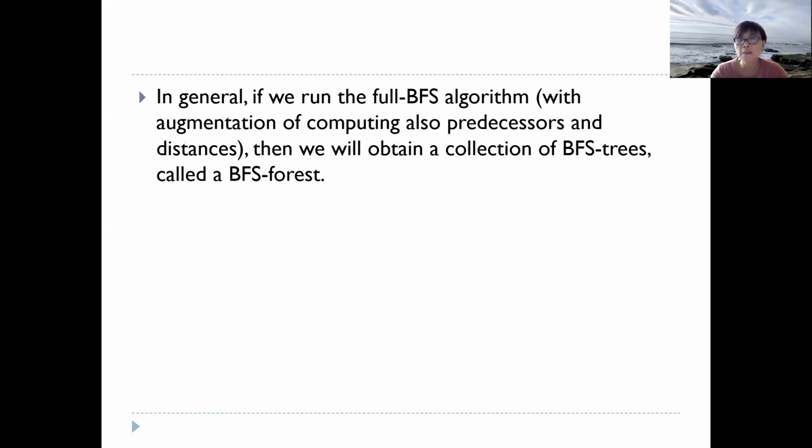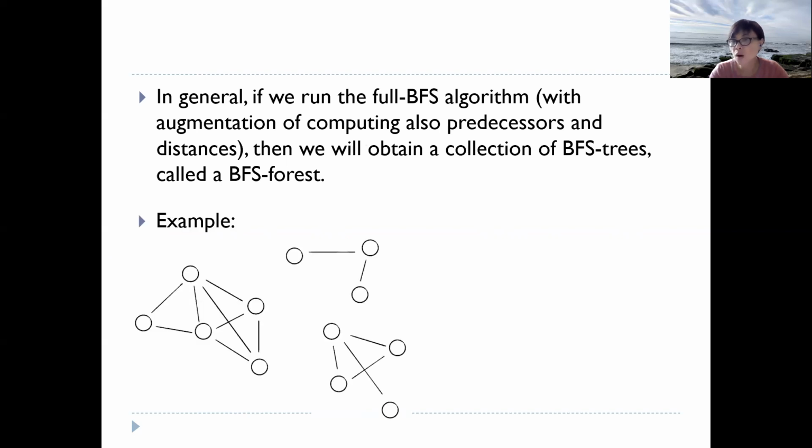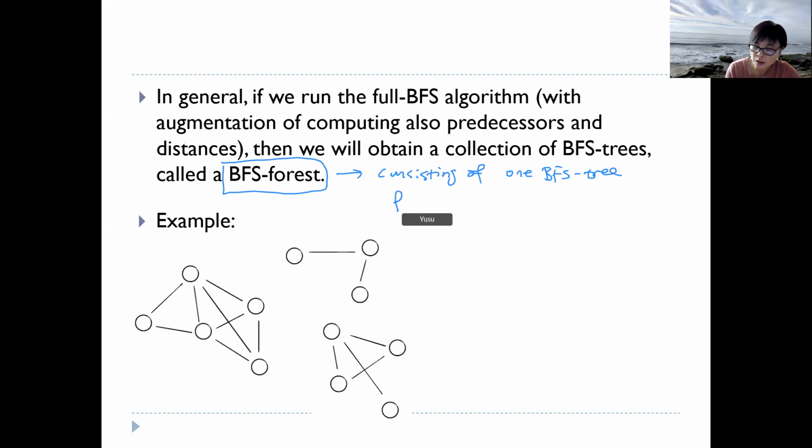The output will be, instead of one BFS tree, what we call a BFS forest, namely a collection of BFS trees, consisting of one BFS tree for each connected component.